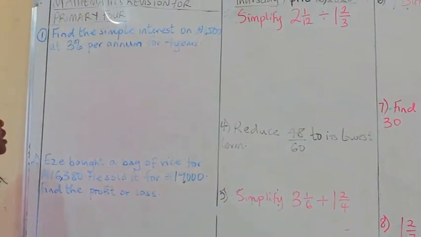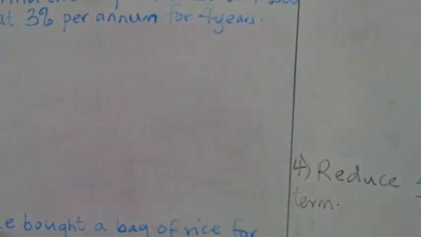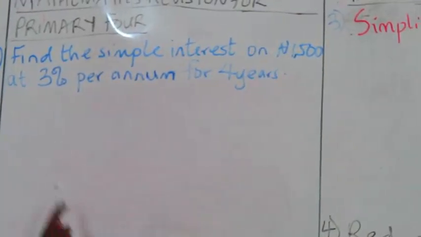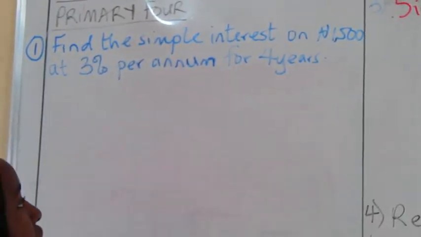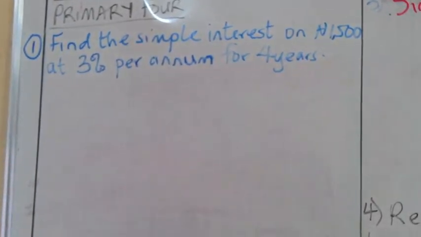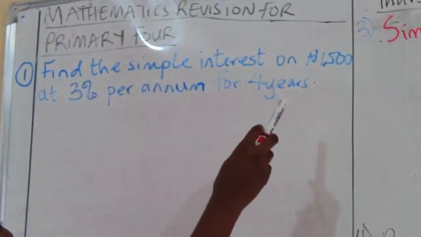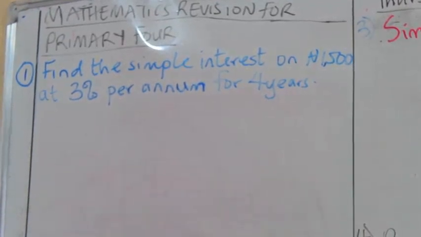The first question here is, find the simple interest on 1,500 naira at 3% per annum for 4 years.